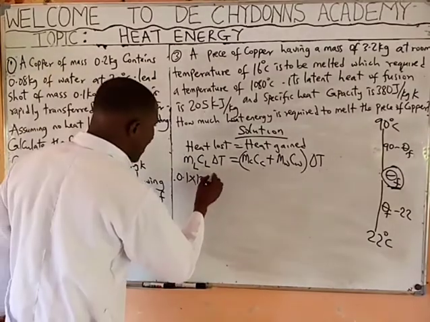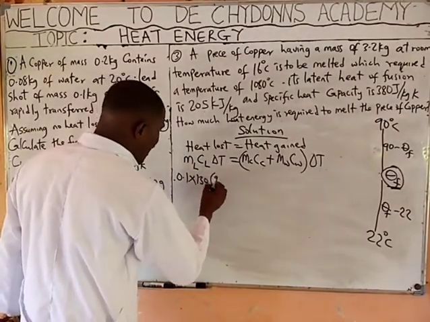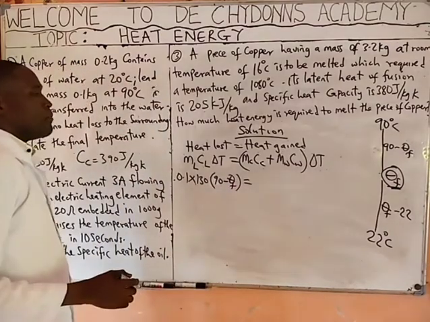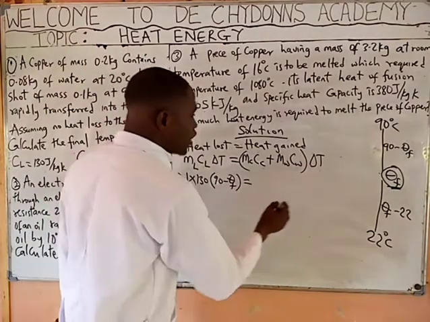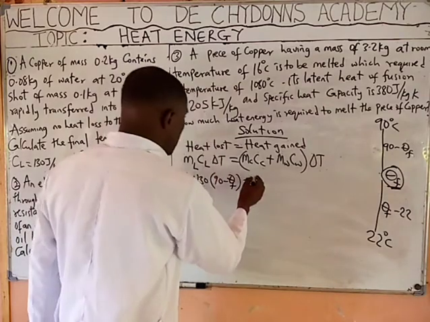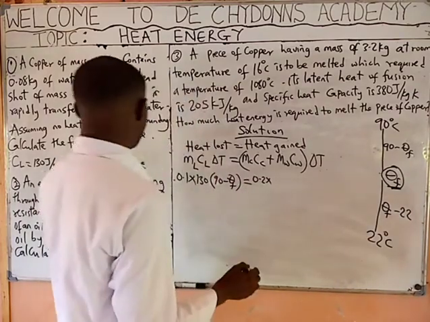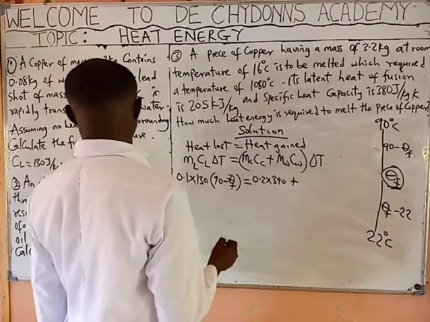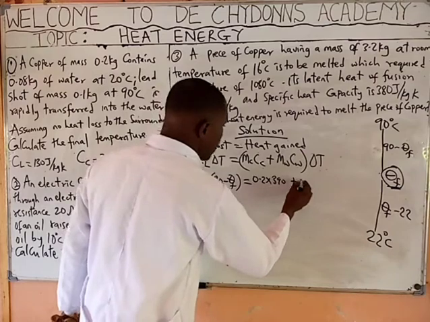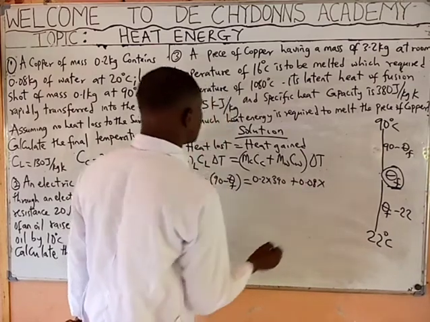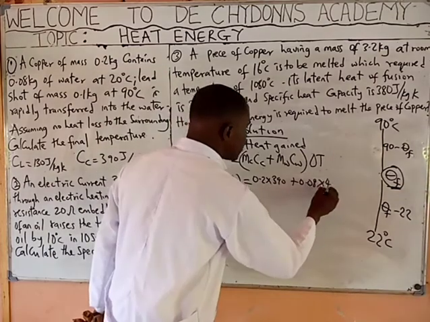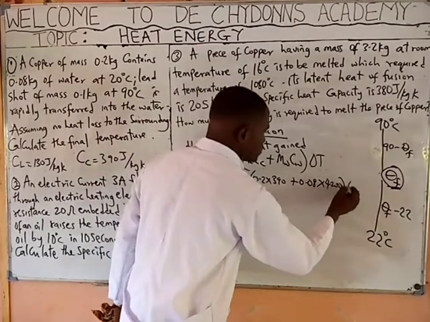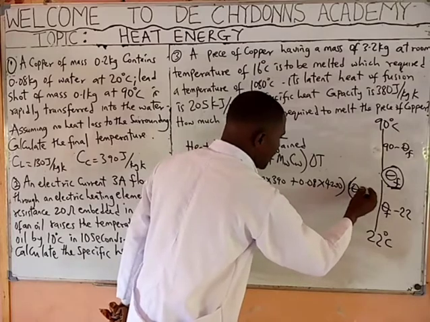Change in temperature we have is 90 minus theta F, equals mass of copper, which is 0.2, times specific heat capacity of copper, 390, plus mass of water, 0.08, and specific heat capacity of water, 4200, all times theta F minus 22.